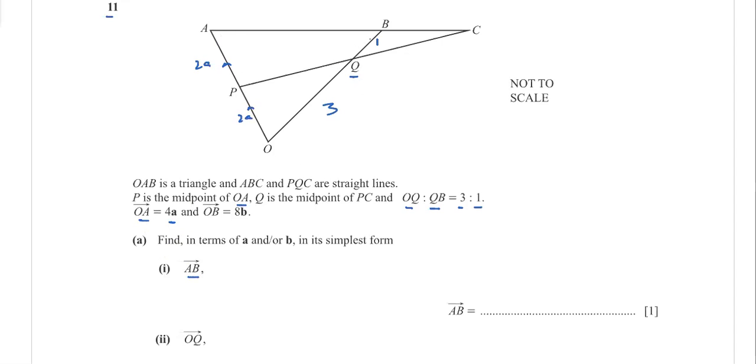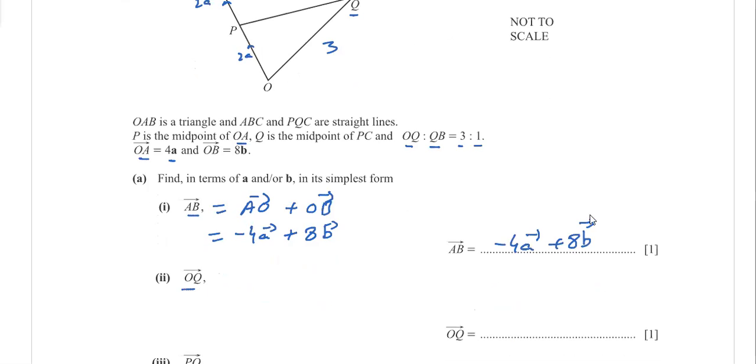So if I have to find this AB, I can use AB equals AO plus OB. AO is, we are given OA, so AO will be negative 4A plus OB, OB is 8B, which is minus 4A plus 8B.